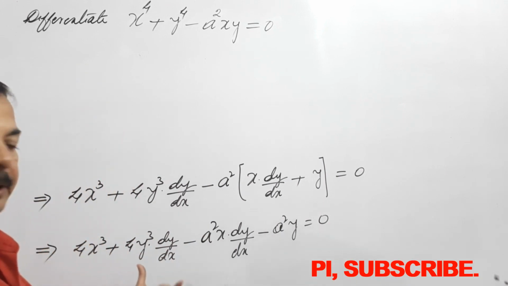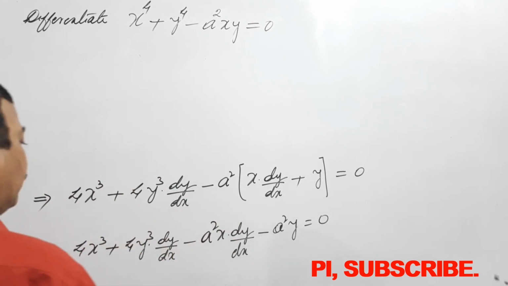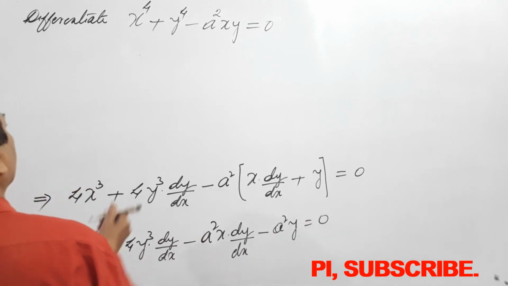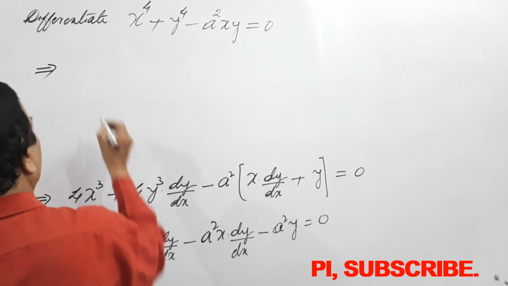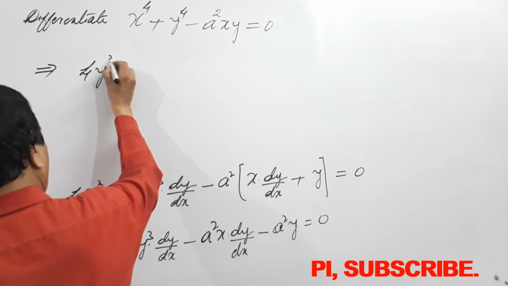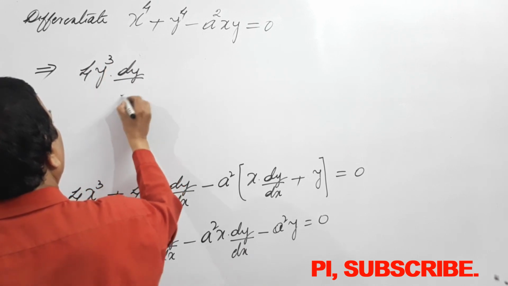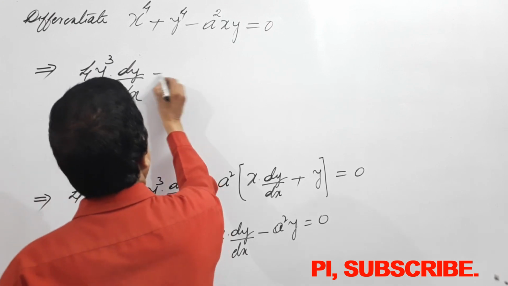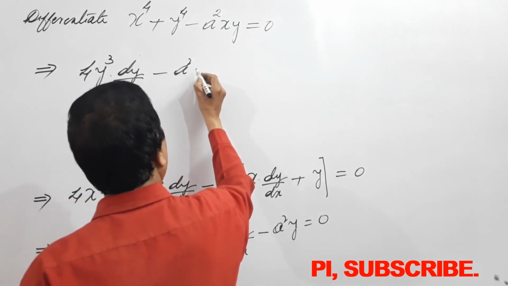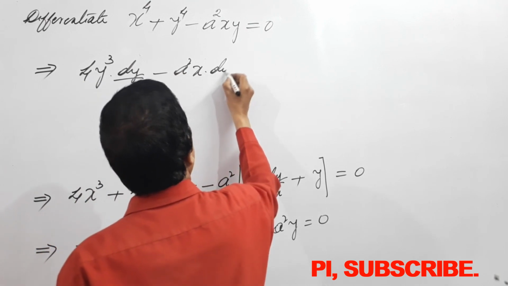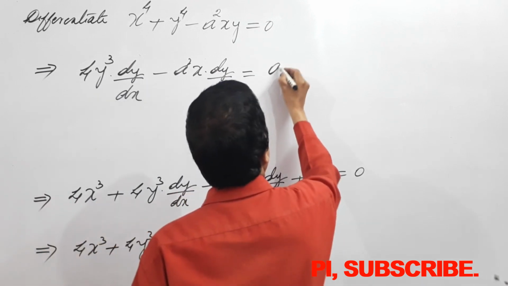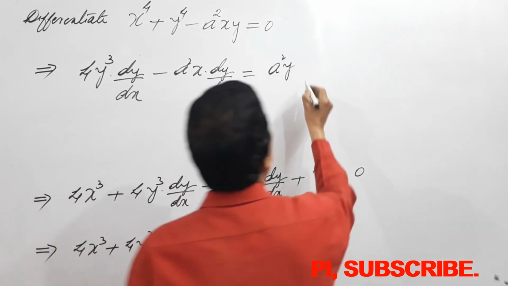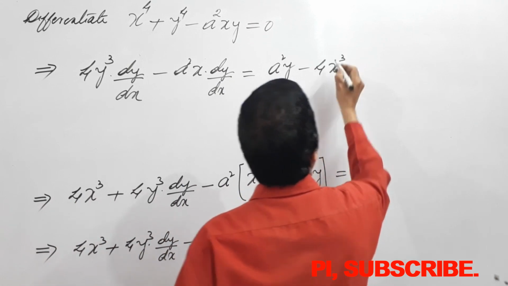I'll group dy by dx terms on one side and I'll transfer the remaining to the right hand side. So first I'll transfer this. This becomes what? 4y cube into dy by dx minus a square x into dy by dx. If you transfer this, that becomes plus a square y, and this becomes minus 4x cube.